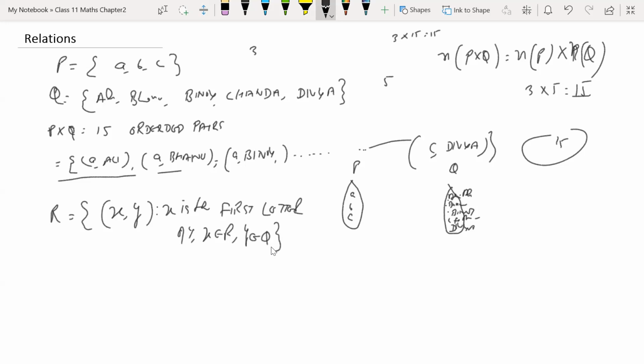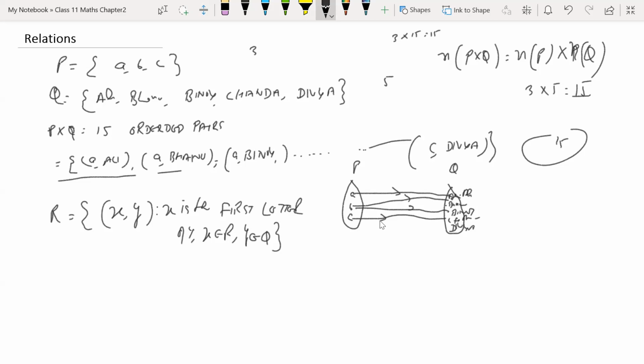A relation is established between these ordered pairs. So A to Ali, B to Binoy, B to Bhanu, and C to Chandra. This relation can be shown with an arrow diagram also.